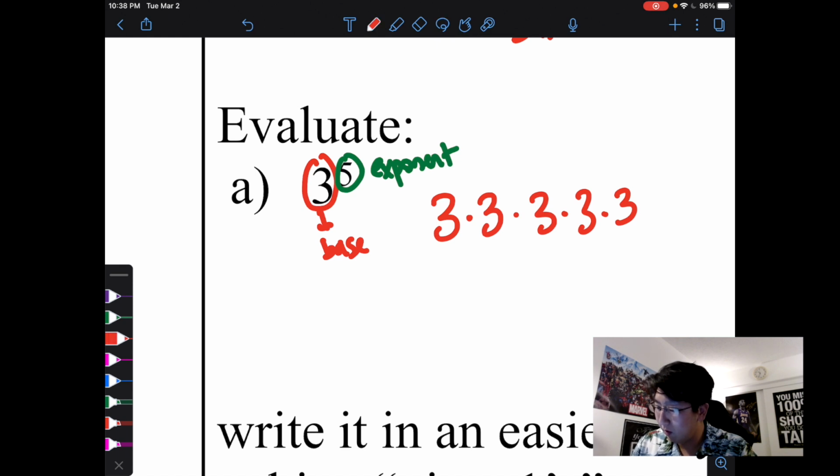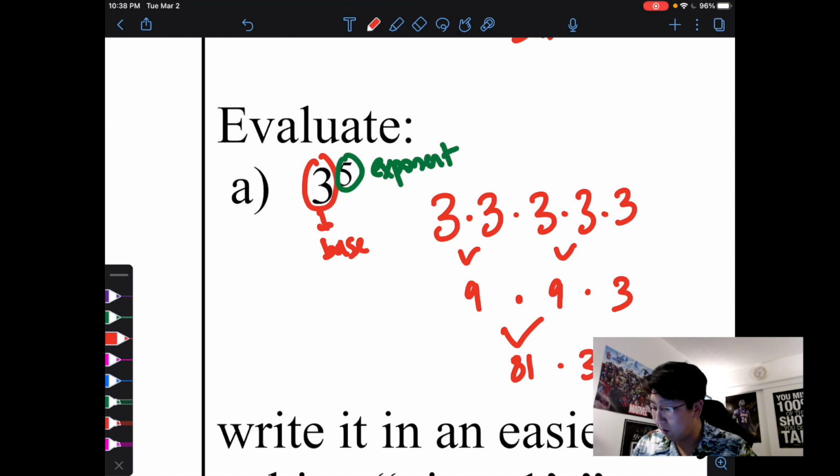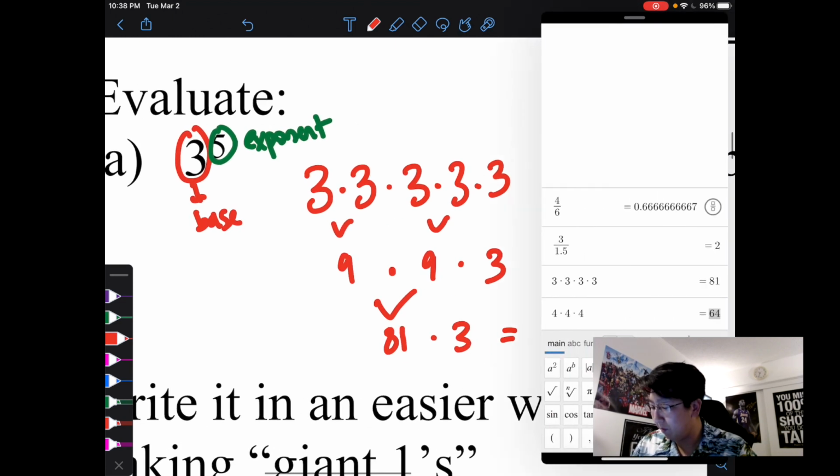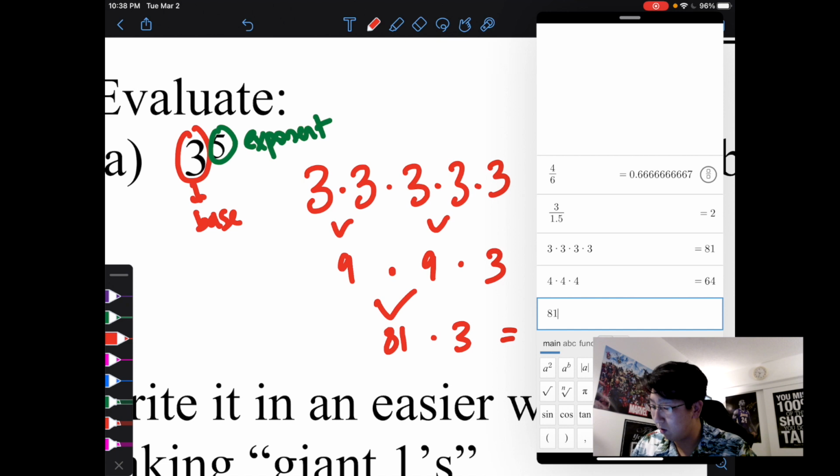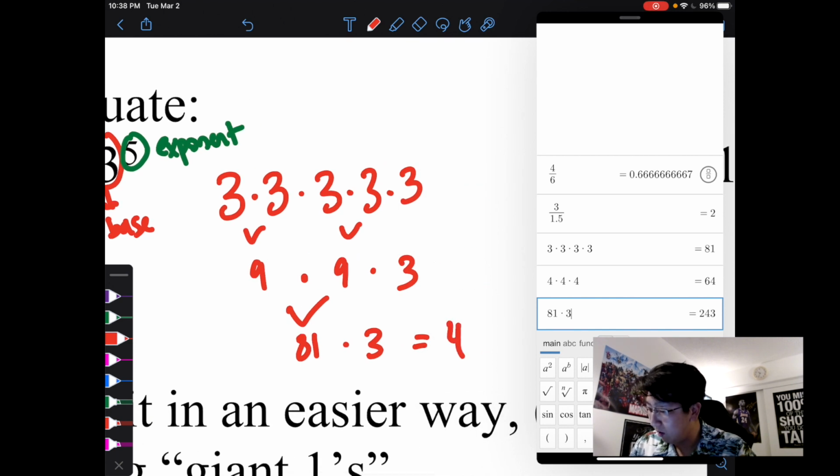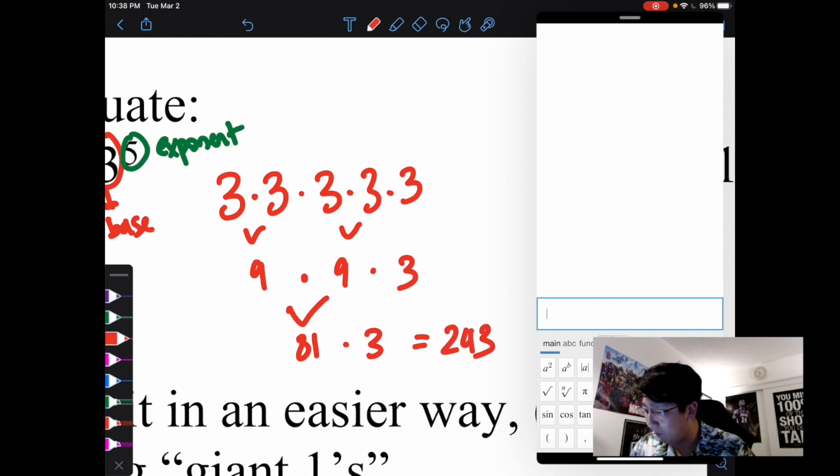Okay. And here we're going to solve. So 3 times 3 is 9. 3 times 3 is 9. 9 times 9 is 81 times 3. And our answer, I don't know the number, what that is, so I'm going to put 81 times 3 is 400. Wow, I'm not 400, 243.